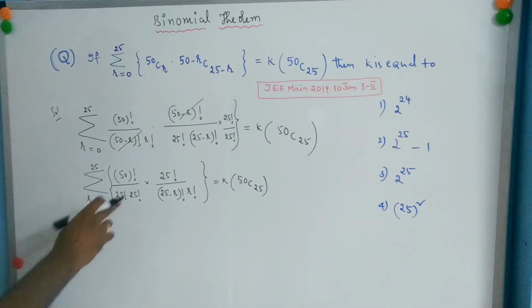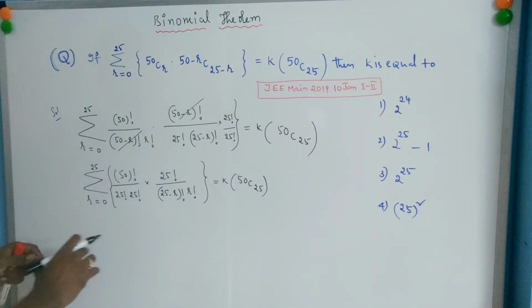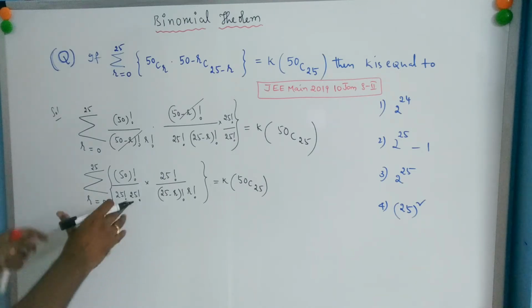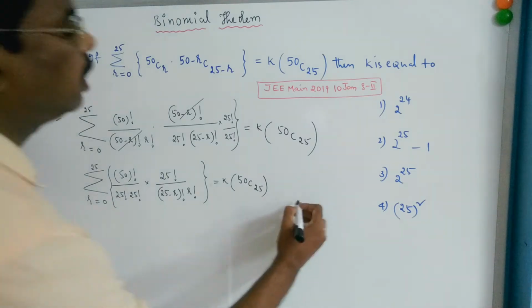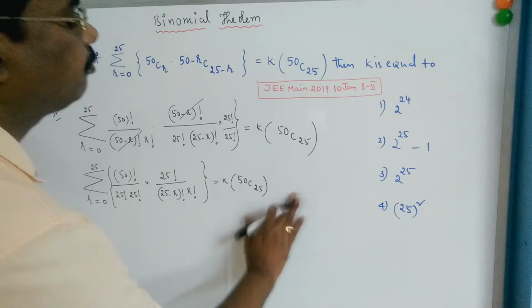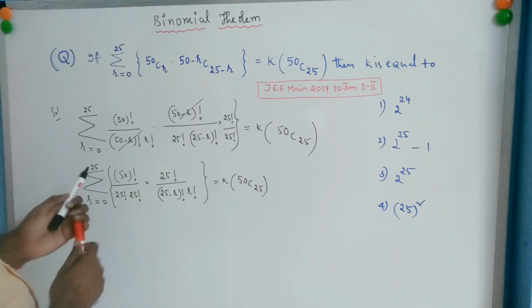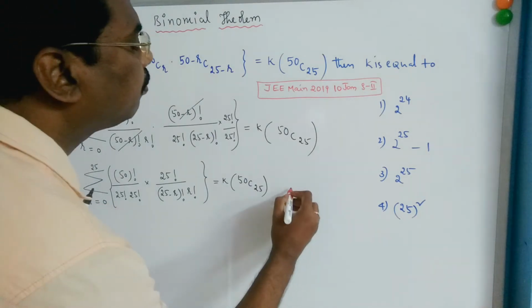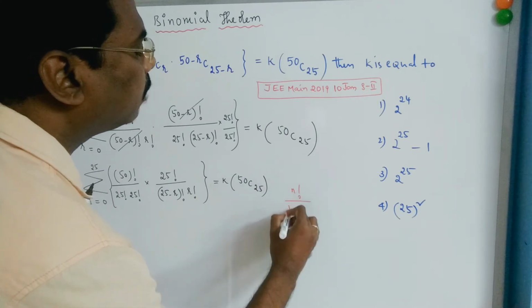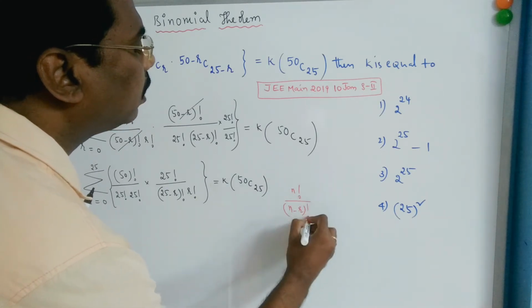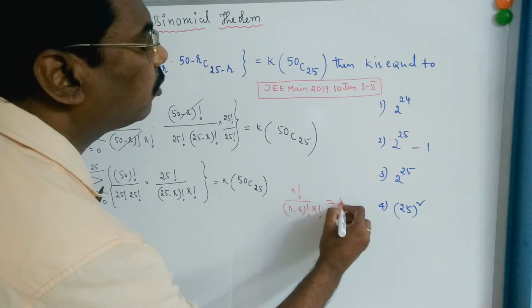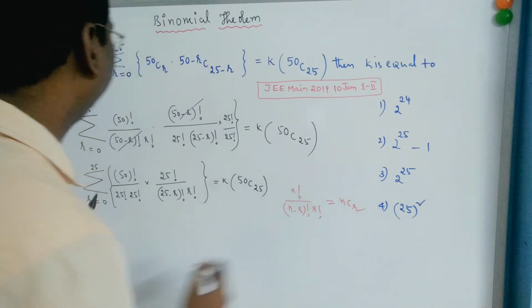Okay, now n factorial by n minus r factorial into r factorial is equal to nCr.